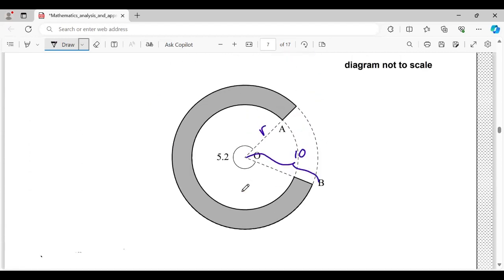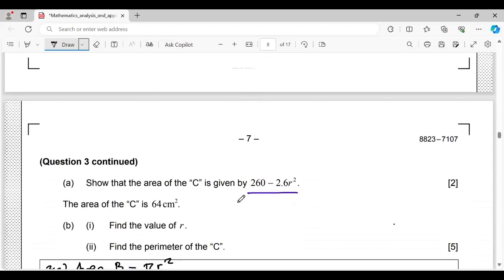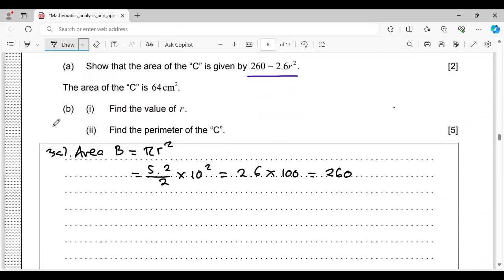Area of circle B. Okay. Next, area of circle A: one half times 5.2 times r squared equals 2.6 r squared.